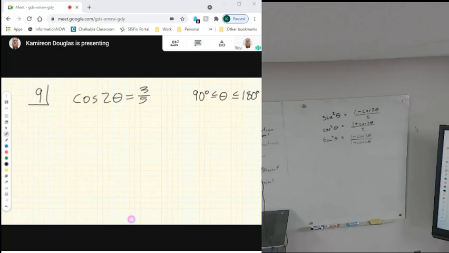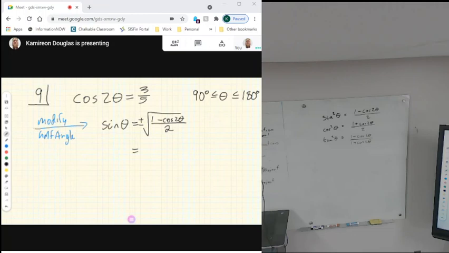Just like before, if I want to find sine, cosine, and tangent, I'm going to use the modified versions of those formulas. So I'm going to modify the half angle. Sine of theta is equal to plus or minus the square root of 1 minus cosine of 2 theta all over 2. Well, I have cosine of 2 theta, so I can plug that into the formula.